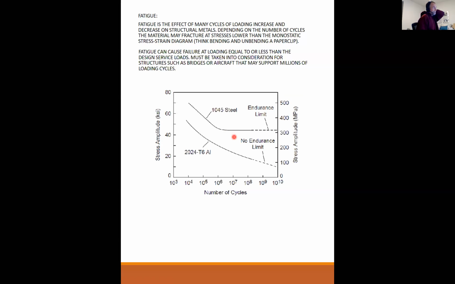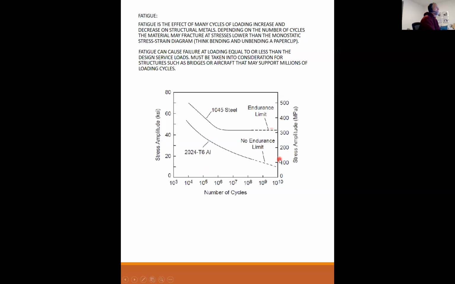They had better take into account the number of cycles in the design of, here it is, the aluminum that is in that wing. So if they designed it up to 40 KSI, that plane's not going to last very long. But if they designed it into the hundreds of millions or billions of cycles, then they better keep that stress down here.